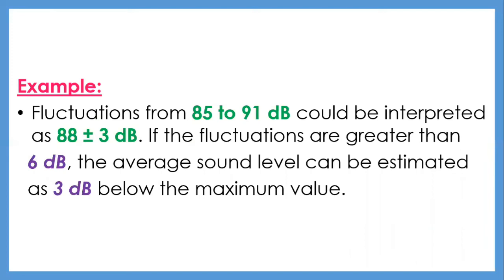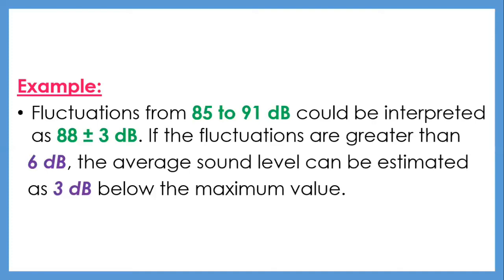Now, for example, fluctuations from 85 to 91 decibels could be interpreted as 88 plus minus 3 decibels. Now, if the fluctuations are greater than 6 decibels, then the average sound level can be estimated as 3 decibels below the maximum value.